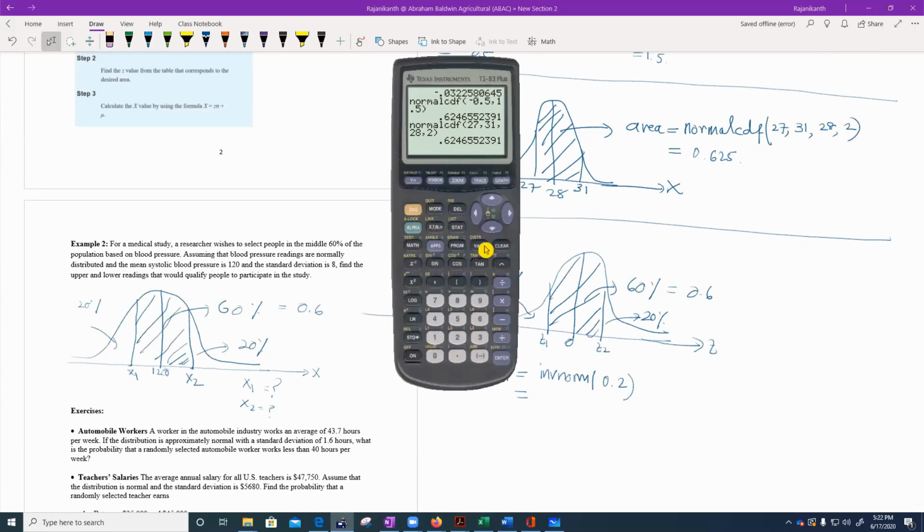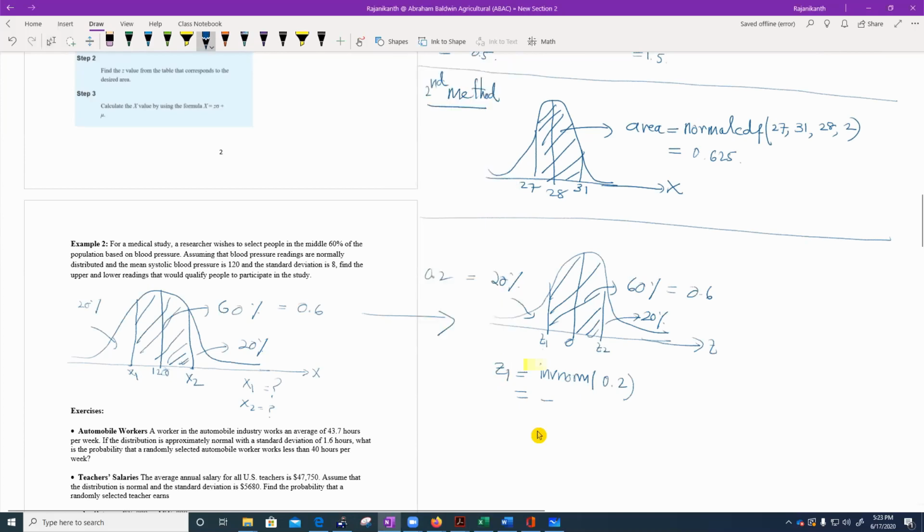So I'm going to inverse norm function, and the left side area is now 0.2. Then close the parentheses and find out. Yeah, that is negative 0.84. Negative 0.84 is my Z1.